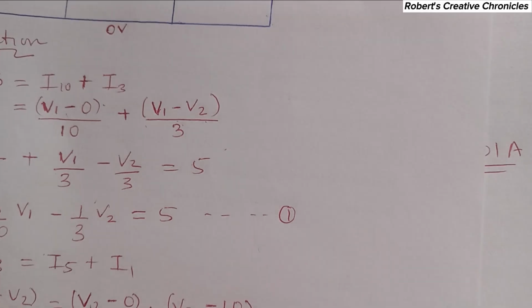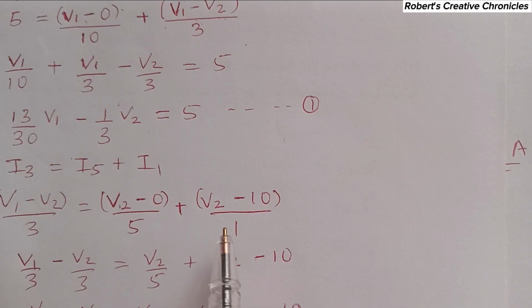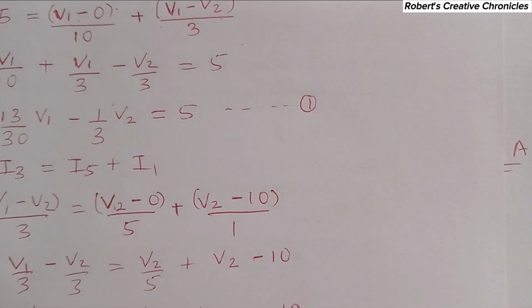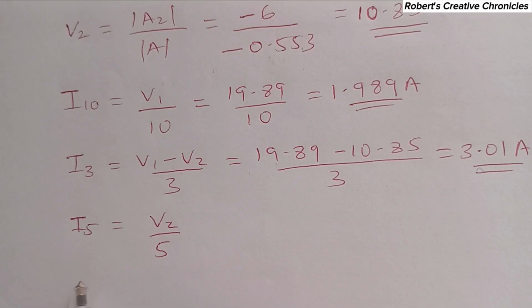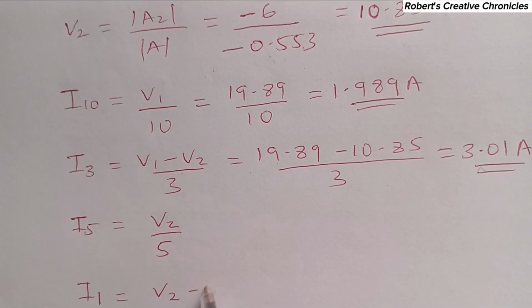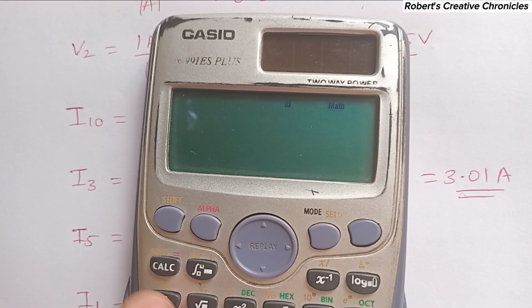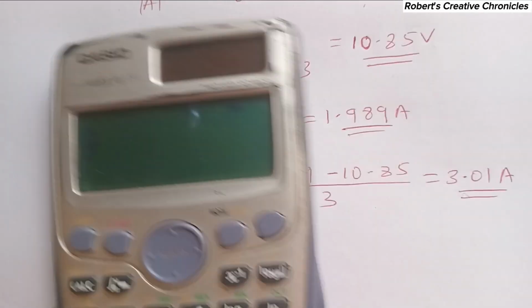Then I1 is V2 minus 10. So V2 over 5, V2 over 5 is what?